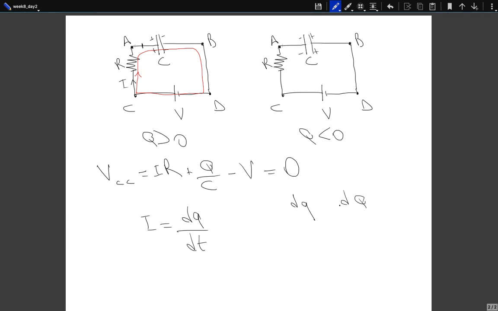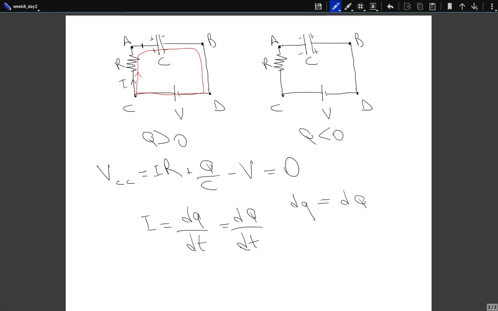This is the charge that passed through that point on the wire. This is the change in the charge of the capacitor. How are they related? They should be the same, because whatever charge passed through that point eventually came to the capacitor. So I is equal to dq by dt.